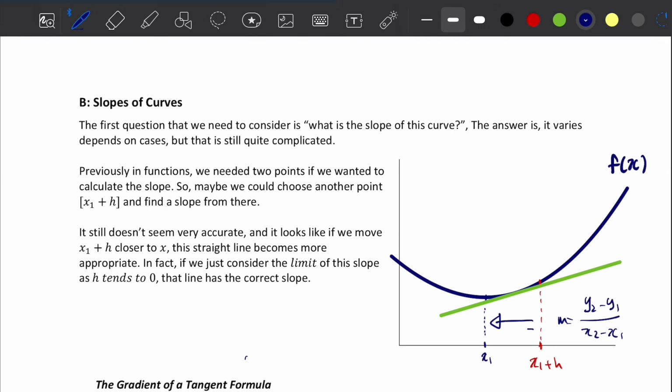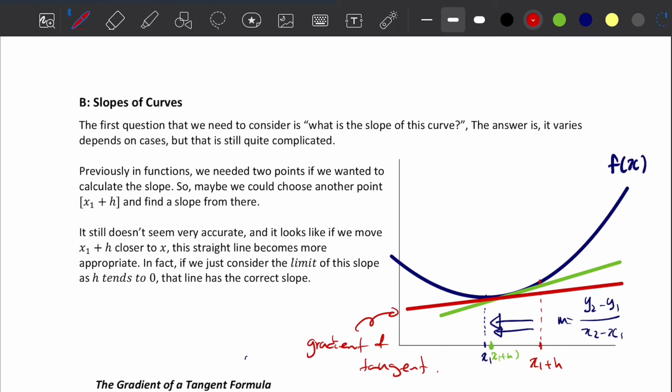So when x1 plus h gets closer to x1, now the line is almost meeting the function at one point. So now we have a tangent line, and we need to calculate the gradient of this tangent line as the slope of the function.